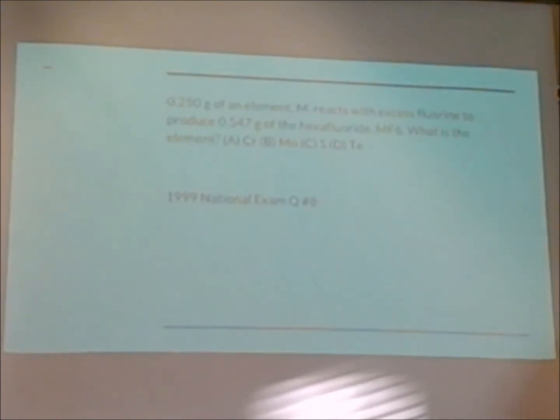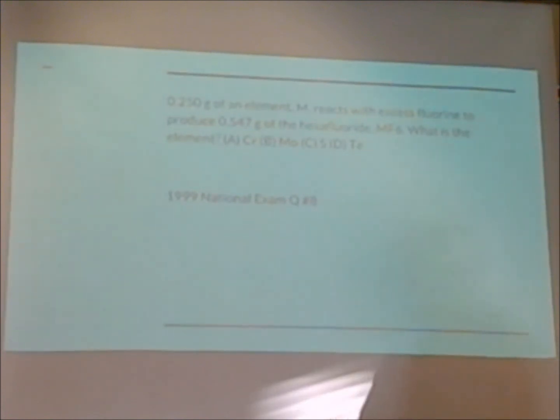So this is the mass in our 0.547 due to fluoride. So we're going to convert this into moles and then divide by 6. So let me just do that real quick. Not grams, moles, I know.